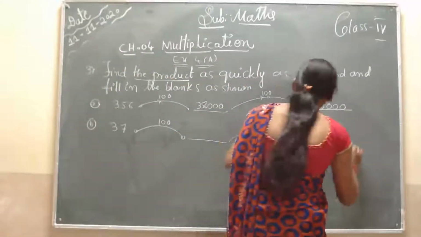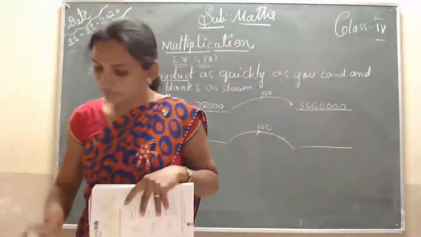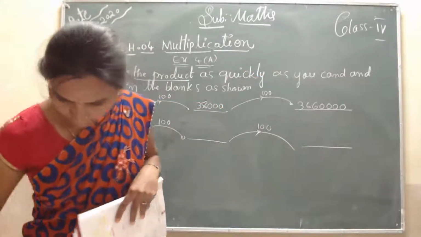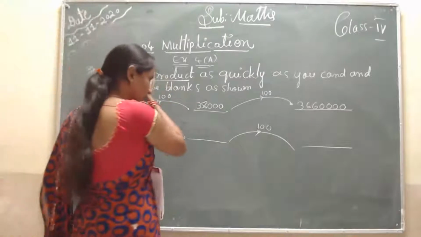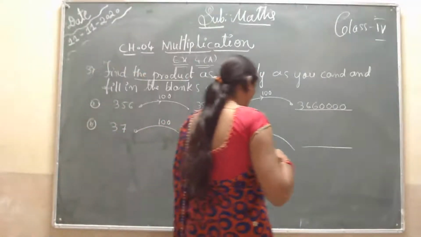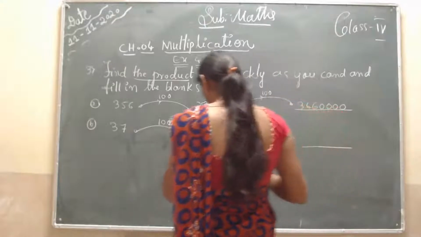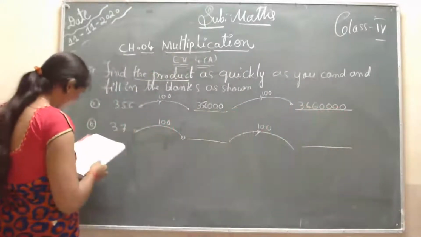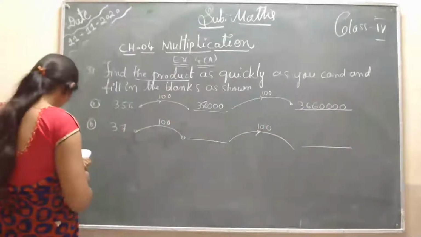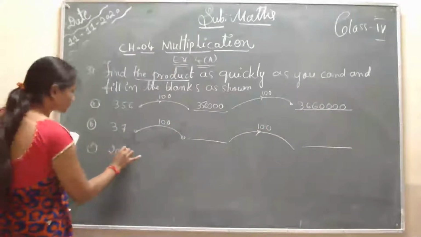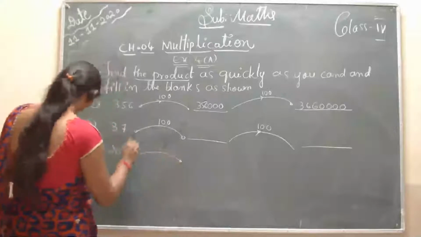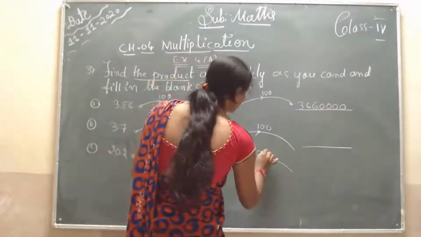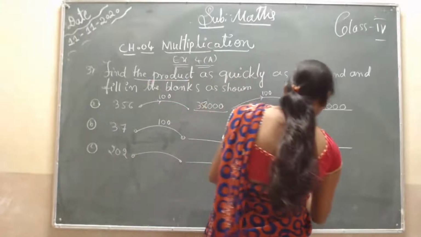Students, you have to write answers. C, 200, 2, if you want to multiply by 100, it is 2 times.